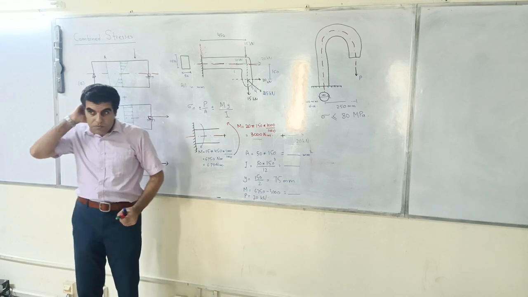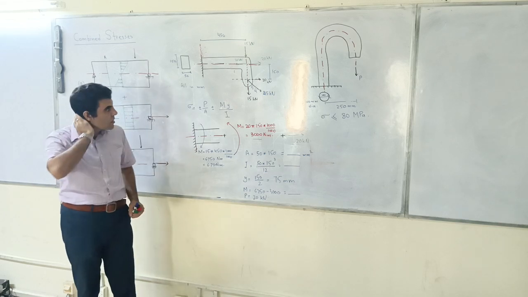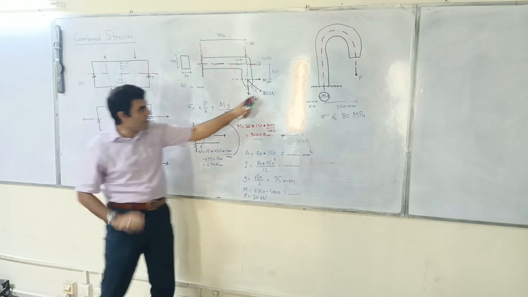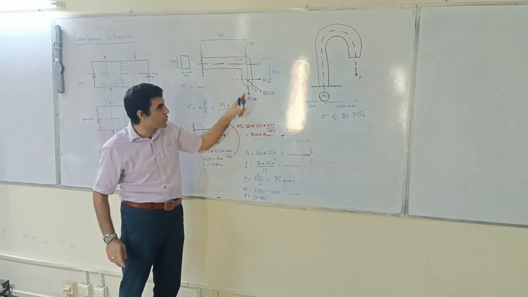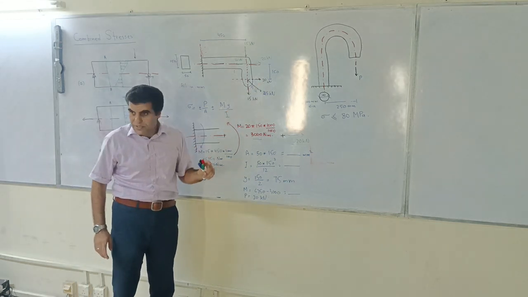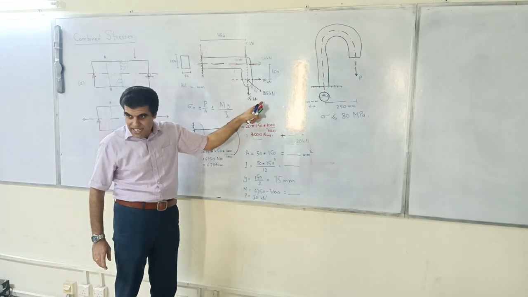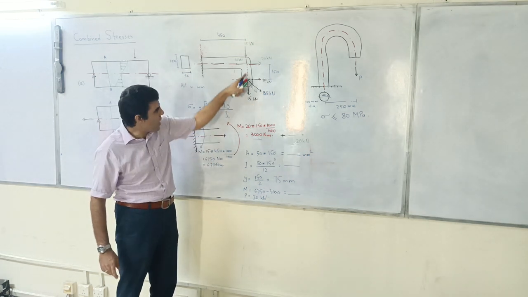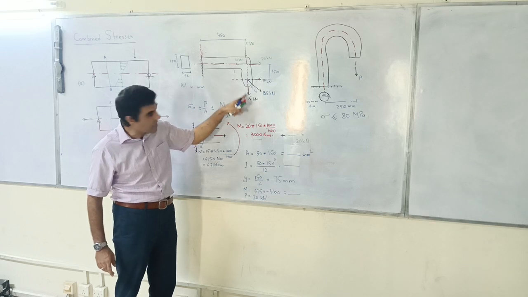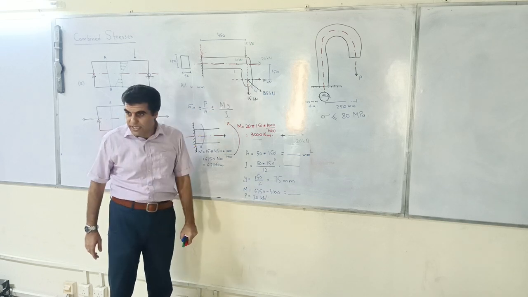This is 25, but it is decomposed into 20 and 15. It's 25, but it's applied inclined. So you have a vertical component 15 and you have got a horizontal component 20.